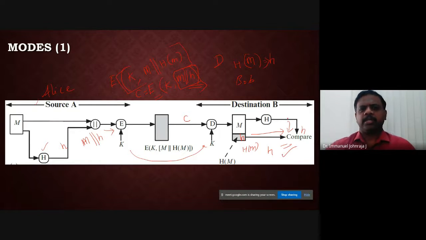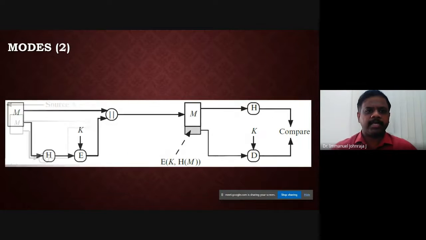So the hash function is applied, normal hash function so far, and then you apply the encryption for confidentiality. Now there is a small change in the mode we could see here. Here also the same thing: you have the original message M, and M is sent here.